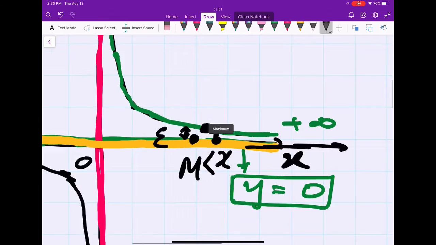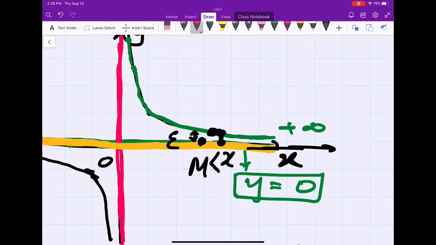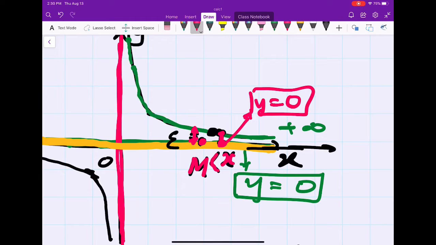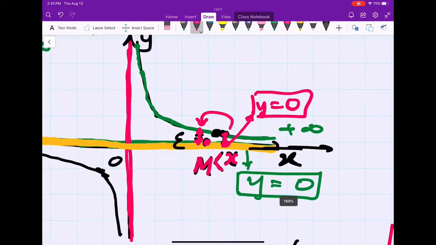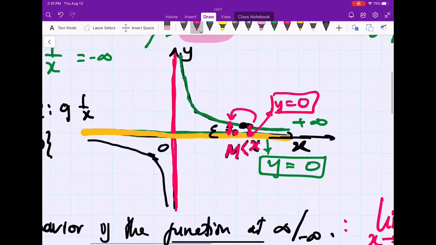So for a fixed epsilon, you may find a number m right here, such that for any x greater than m, meaning from the right of m, the distance from the function value to that number, which is on the y-axis, so that is y equal to 0, is less than epsilon.